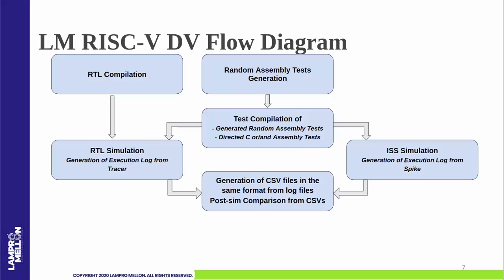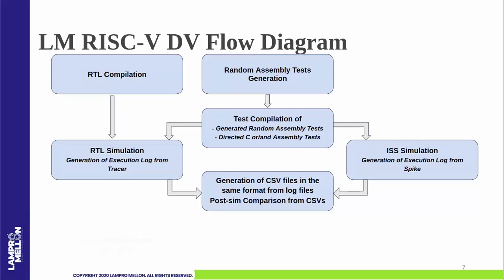Both CSV files are compared instruction by instruction, looking for updates on the destination register. If it's the same in both the CSVs for all the instructions, then the test is passed. Otherwise, it fails, and a log consisting of the first few mismatches is generated. These mismatches will help you in debugging the functionality of the core.